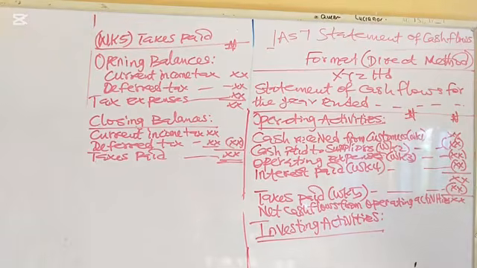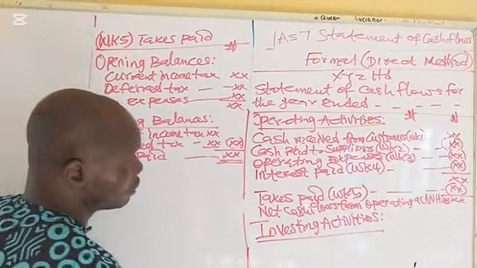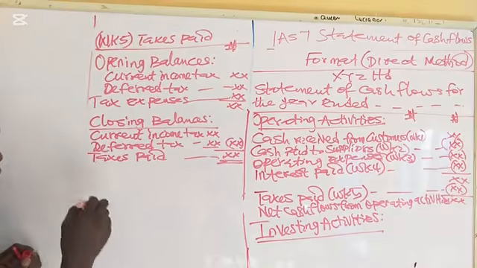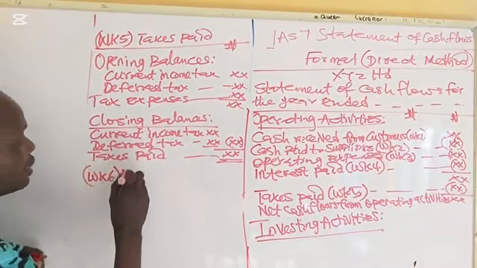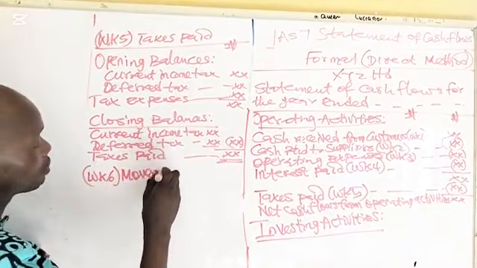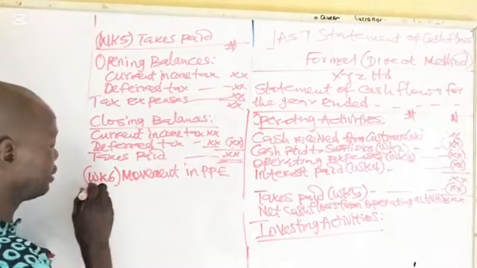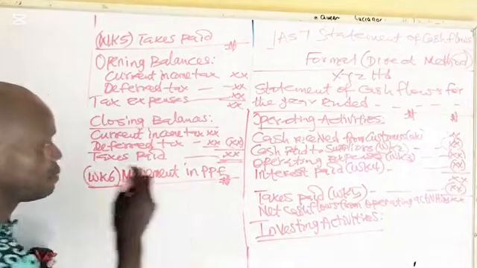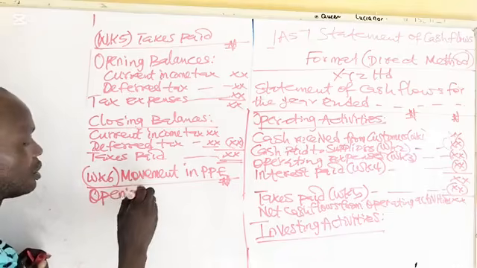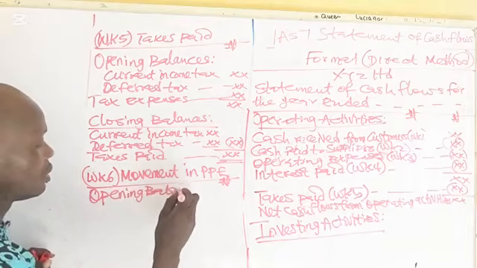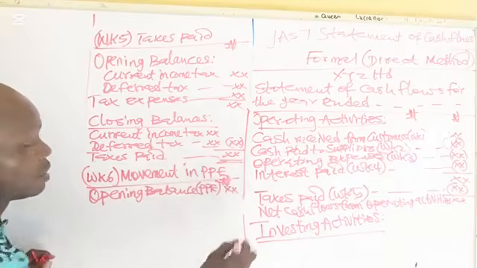So we have movement in non-current assets, which is working number 6. Movement in PPE, property, plant, and equipment. As usual, we start with the opening balance in respect of PPE.